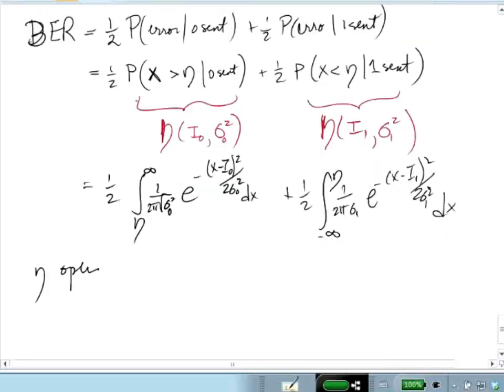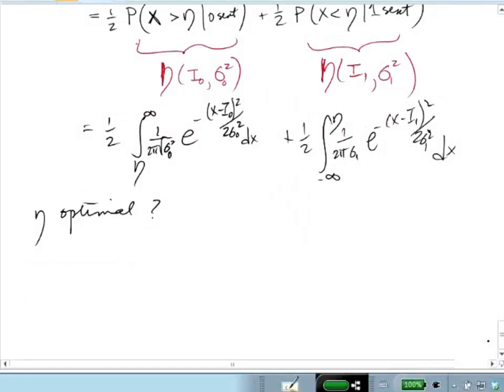Theta optimal, how would I find it? For equiprobable data, I would like these two equations to be equal. These two representations of the Gaussian. So this happens at the intersection.